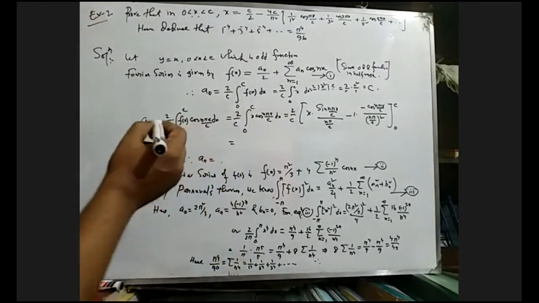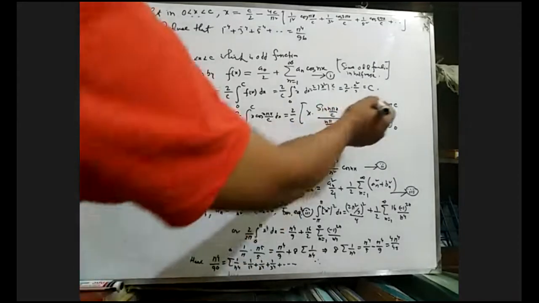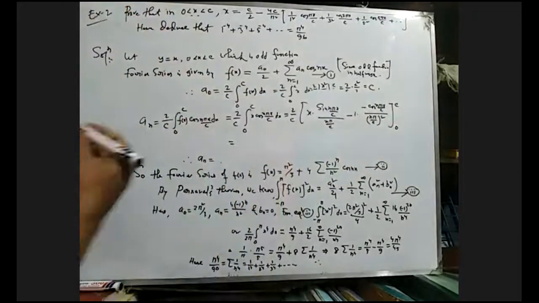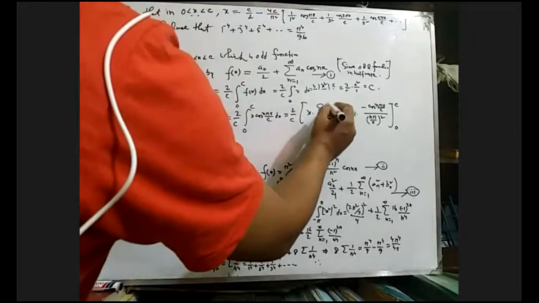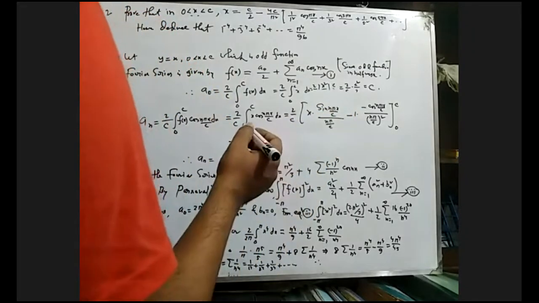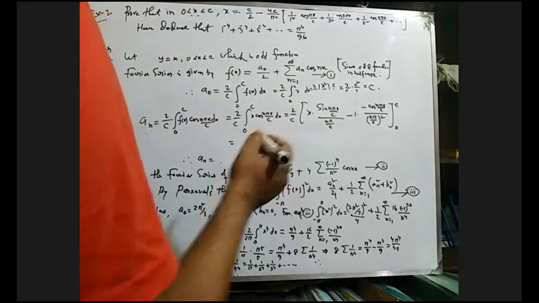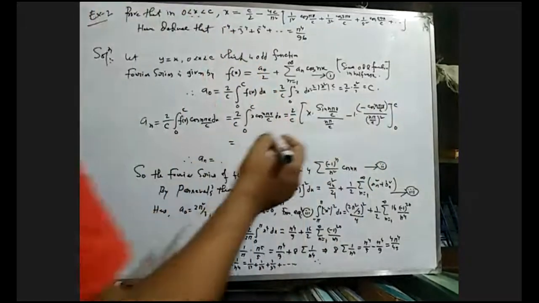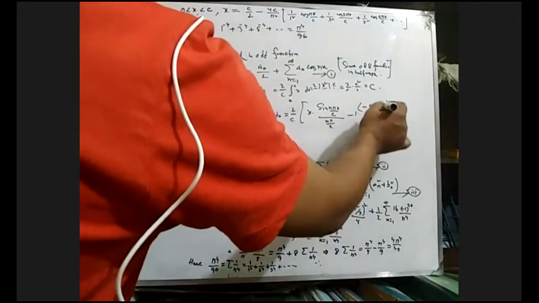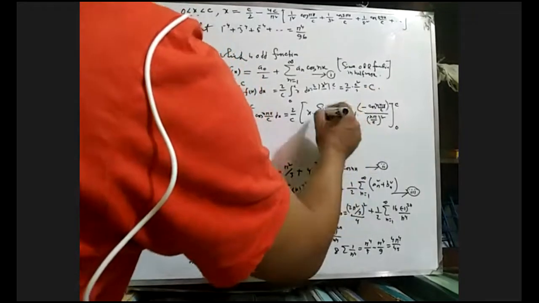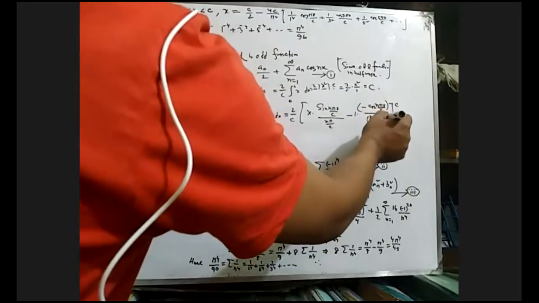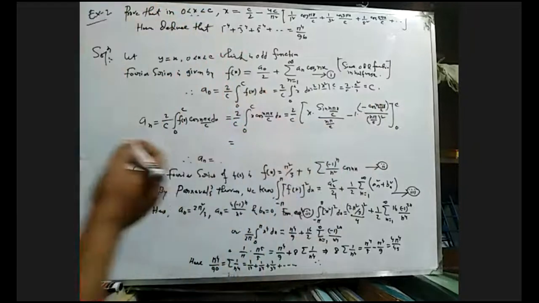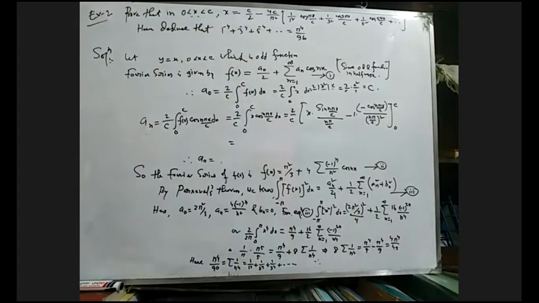So for this value, what will we get? If we put x equals c here, c will be cancelled. So sin n pi will be 0. Sin n pi is 0. So we get only these values, and for 0 this will also be 0, and we get only cos 0, which equals 1.